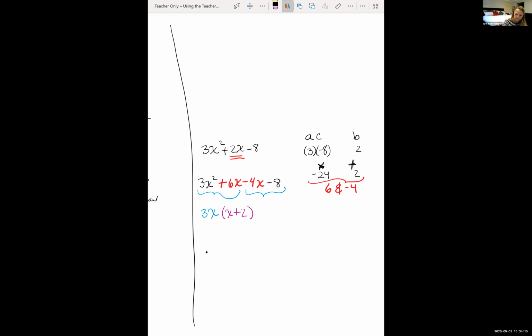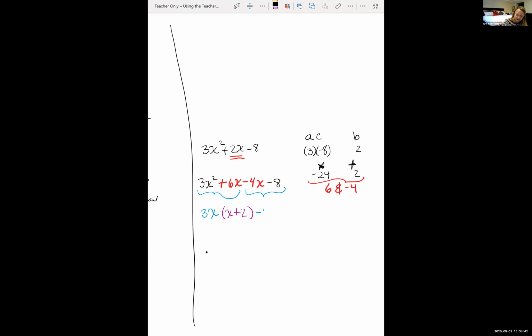If you were able to find those two numbers that multiplied and added, then this should be factorable. And when you're pulling out the greatest common factor in these last two terms, it should give us the same thing in the parentheses. If not, then you didn't do it right, or you need to pull out a negative. So I noticed pulling out a -4, which they both have in common.